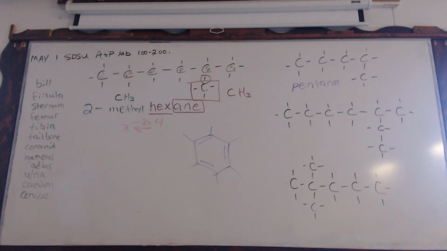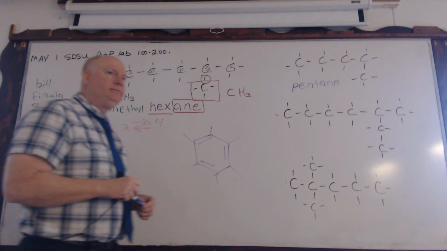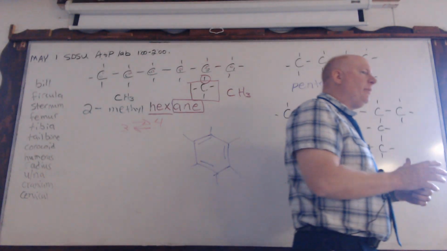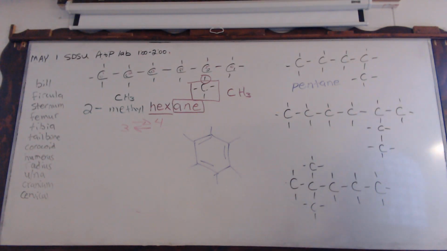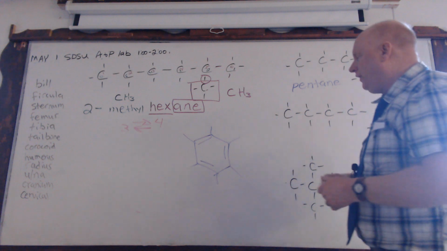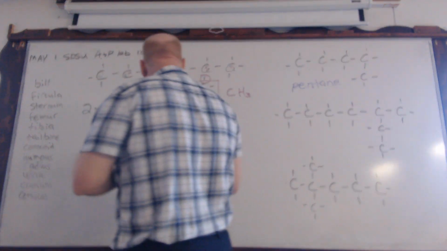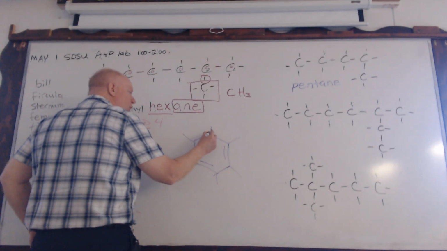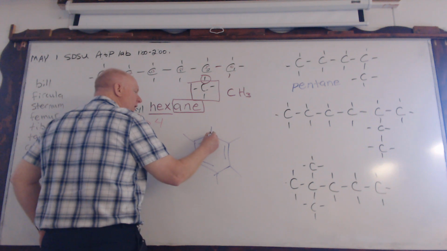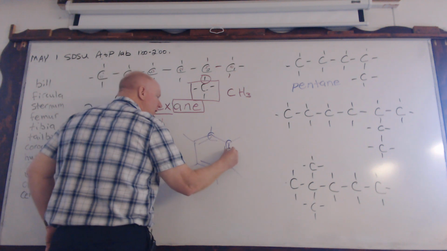What was the last thing we talked about today on the overhead? We talked about benzene. This is a ring structure, and in ring structures, where lines intersect or come in contact, that is a carbon atom.